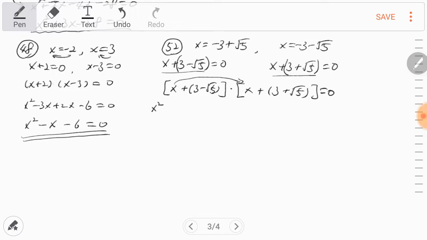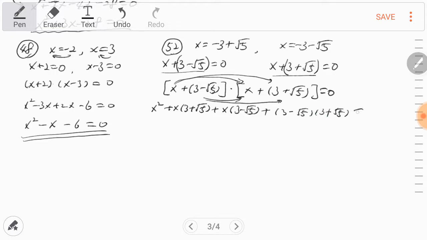Then x times the parenthesis, 3 plus square root of 5. And then x times the other parenthesis, plus multiply the parenthesis, 3 plus square root of 5, is equal to 0.